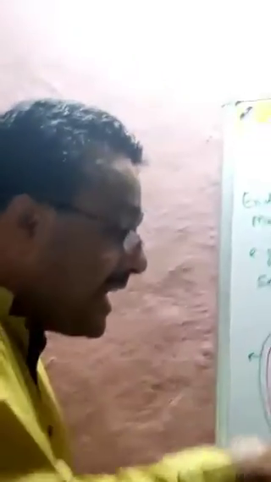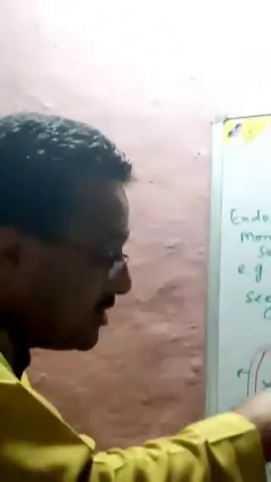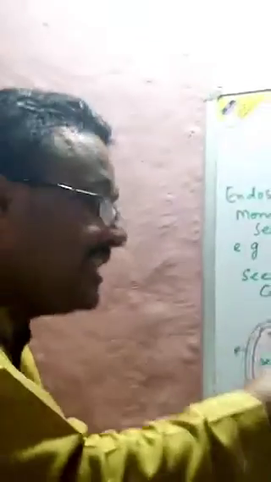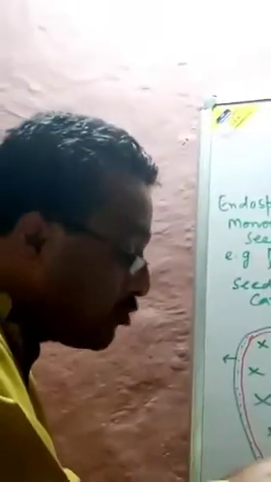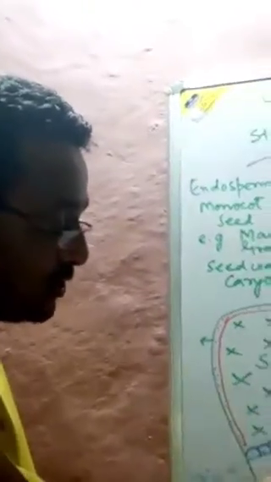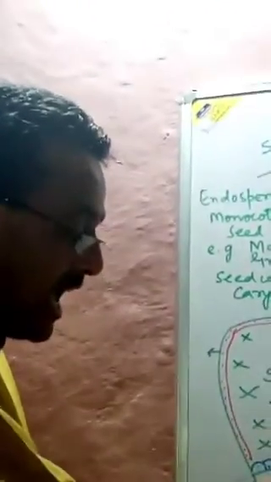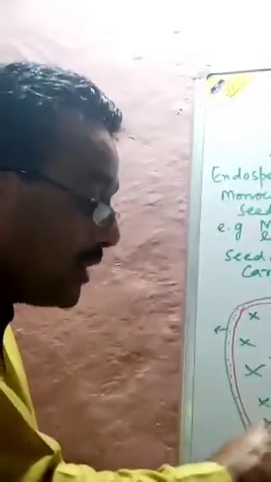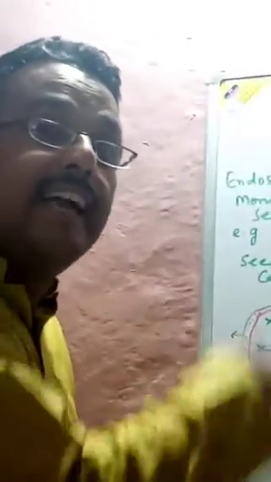So indirectly, what we see is that first the food gets digested, then this digested food is absorbed by the scutellum, and then it is used for the embryonic development. So this scutellum is called the cotyledon. Indirectly, it behaves as the cotyledon.